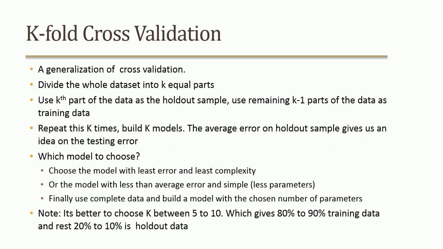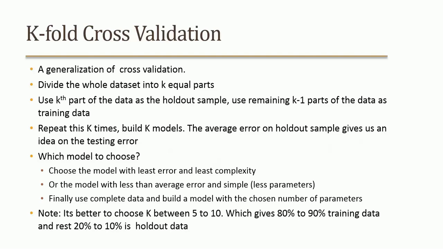If k-fold cross validation is the method that we are following, then we will be building k models, and the average error on the holdout sample gives us an idea of the overall testing error. So how do we choose the best model when we are doing this kind of k-fold or tenfold cross validation?